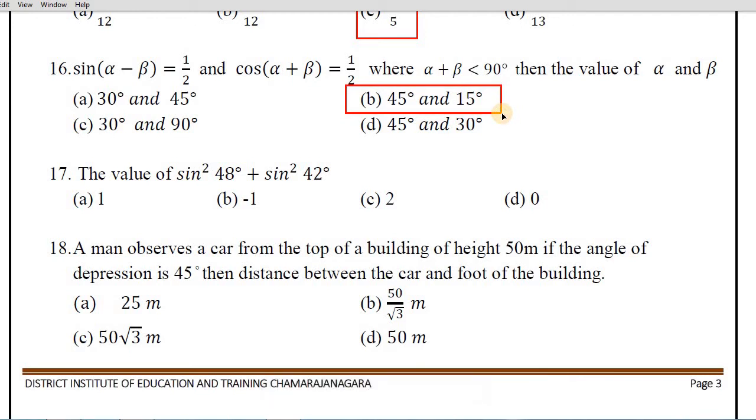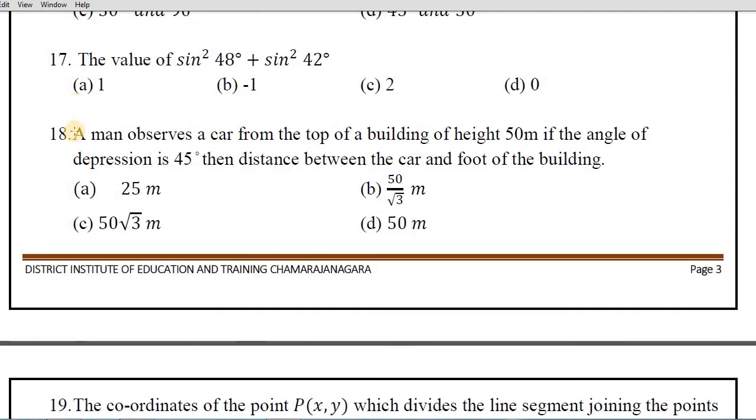So it is an important problem. Question number 17, children. The value of sin square 48 degree plus sin square 42 degree. Which concept do you use to solve this problem, children? Here the angles 48 degree and 42 degree are not specified angles, hence you cannot substitute trigonometric specific angle values.